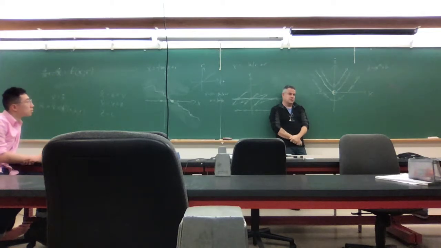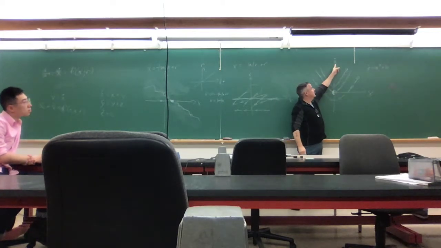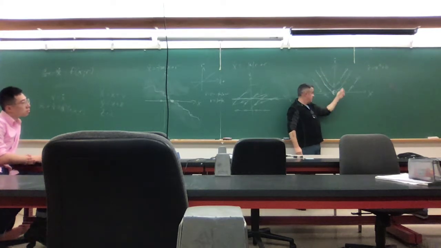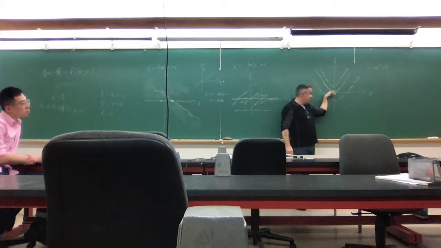Wait, I'm still a little confused on how you decide which way the arrows go. Because x dot is what tells me where I'm going next. It's my rate of change of x. Anywhere below 0 for x dot means I go towards smaller values of x. Anywhere that I'm above 0 for x dot, I'm going towards bigger values of x.